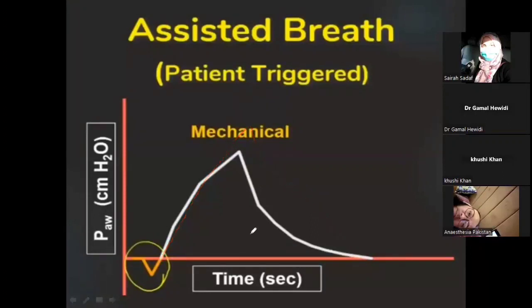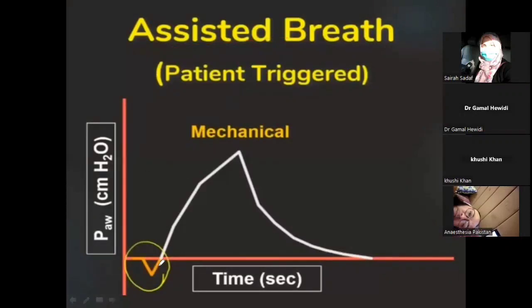All right. So when the patient is trying to breathe spontaneously while being on ventilator, patient's breaths will not be of adequate tidal volume. That's why we use assisted modes, assisted ventilation.